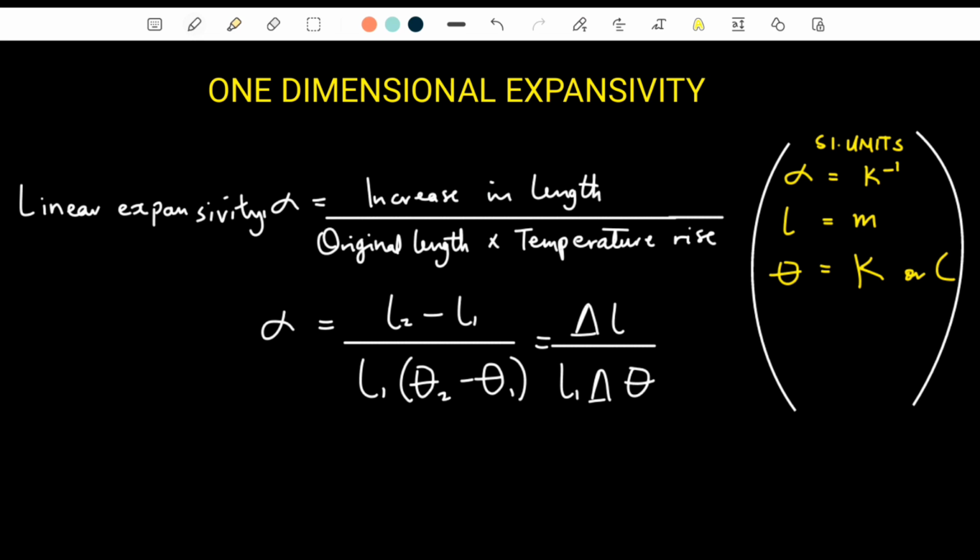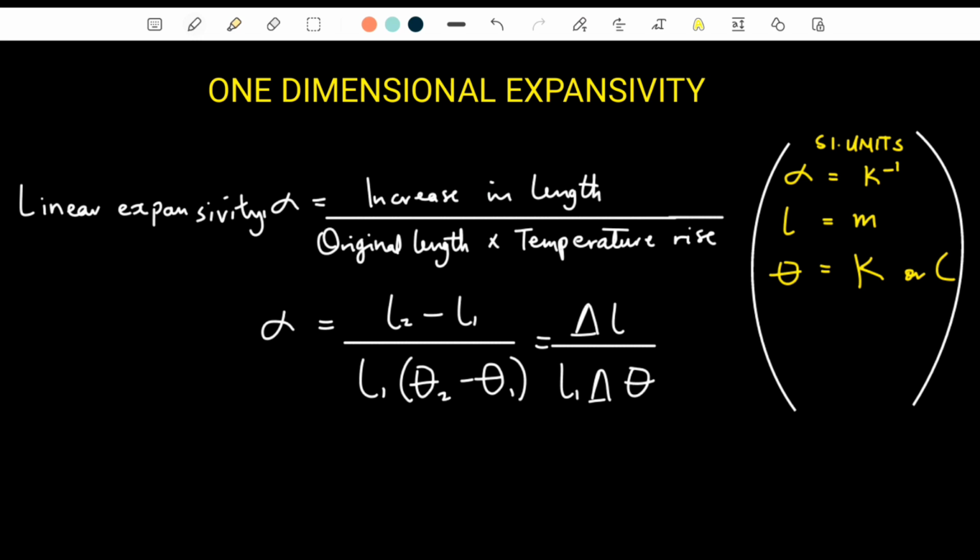The expansion coefficient is a measure of how much material expands per unit increase in temperature, and it varies from one metal to another. It's actually a constant, and each metal has its own number, as you will see in the examples we'll touch on in this video.